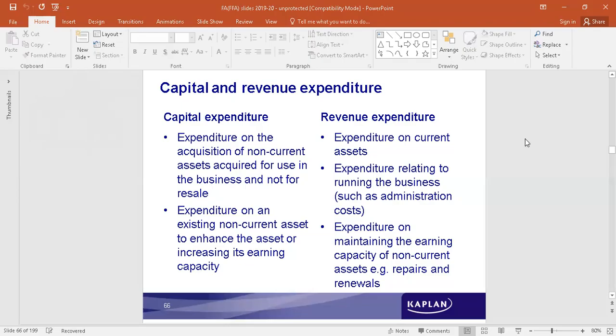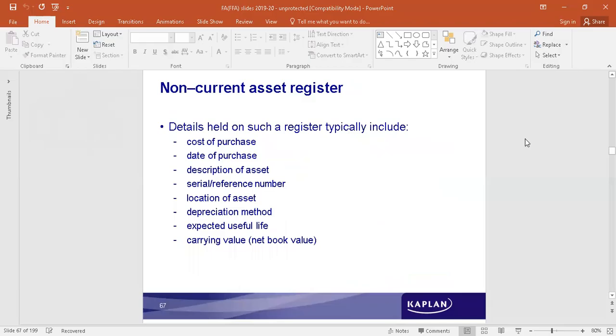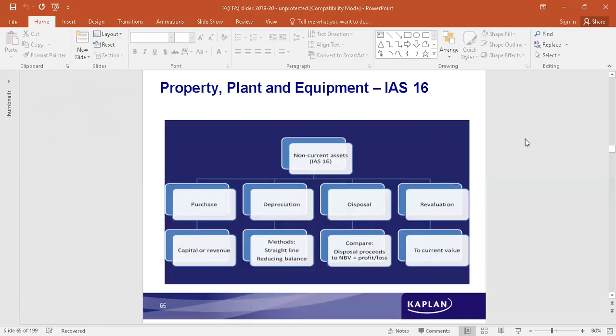So property, plant, and equipment falls under the category of capital expenditure because they are not very frequently taken up, they are irregular in nature, and on account of property, plant, and equipment, the earning capacity of the firm can be increased. So these capital expenditures appear as assets of the business because the future economic benefit is yet to be realized.